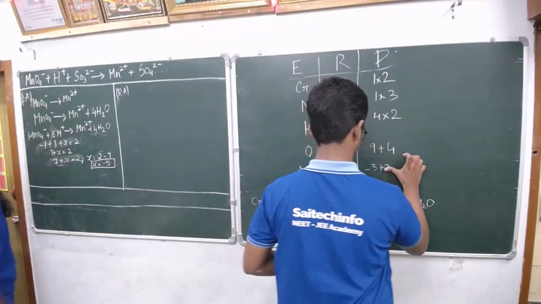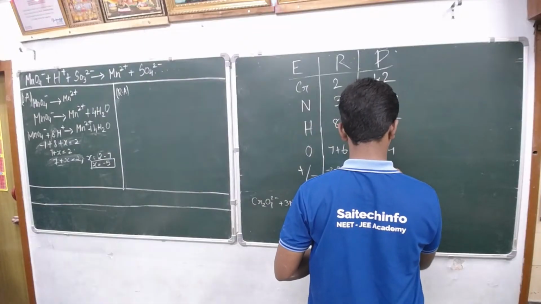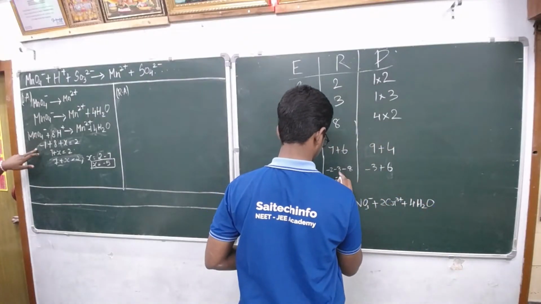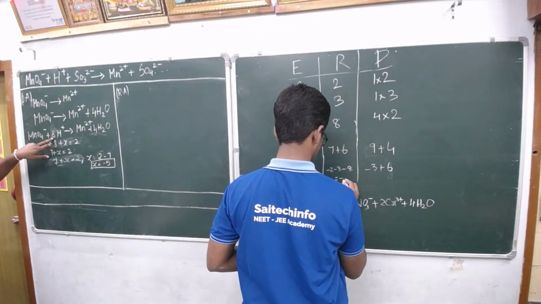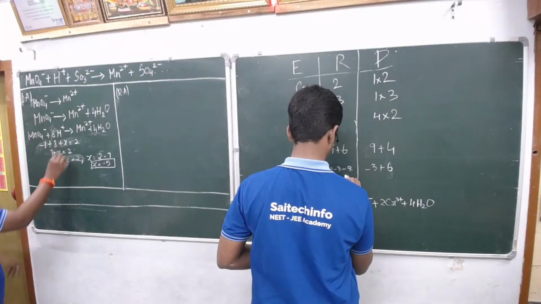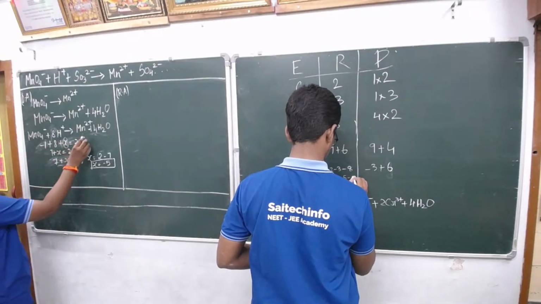Explain that. So here the charge is -1, so -1 plus 8 plus X. We don't know how much electron needs to be added, so X is equal to 2.